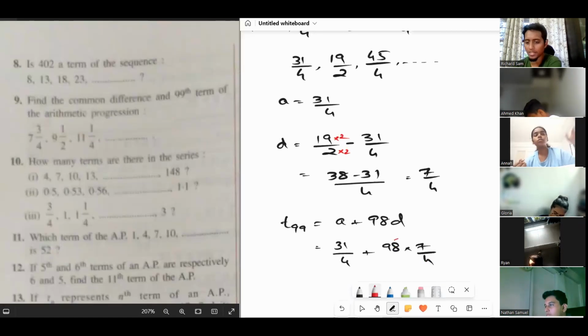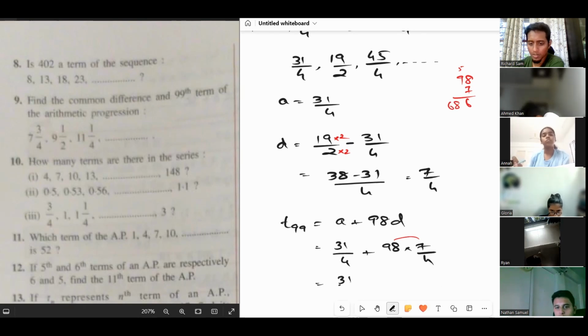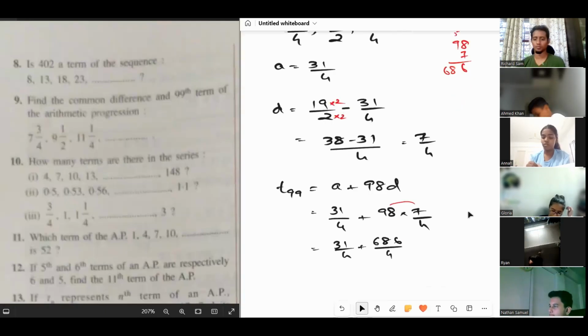Let's just multiply 98 into 7. 8 sevens are 56. 9 sevens are 63. So that is 31 upon 4 plus 686 upon 4. The denominators are the same, so you add the numerators. 717 upon 4.